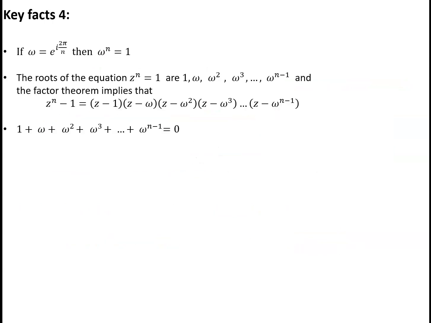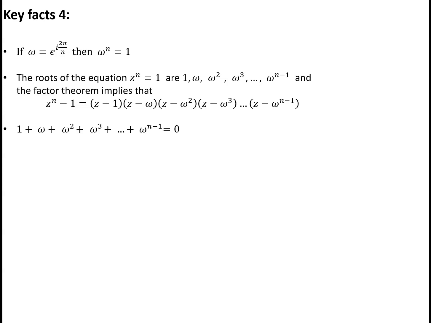So, to summarise, if we've got omega is e to the i 2 pi by n, then we know that omega to the n is equal to 1. We know that the roots of the equation z to the n equals 1 are 1, omega, all the way up to omega to the n minus 1.